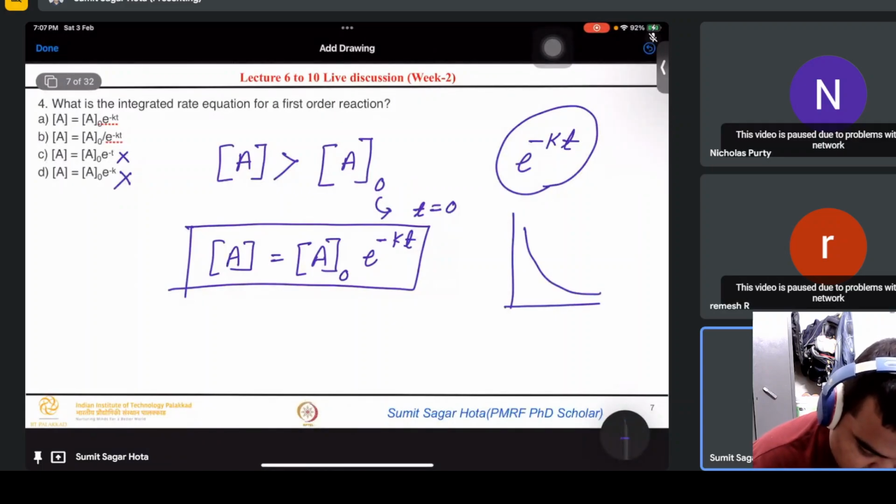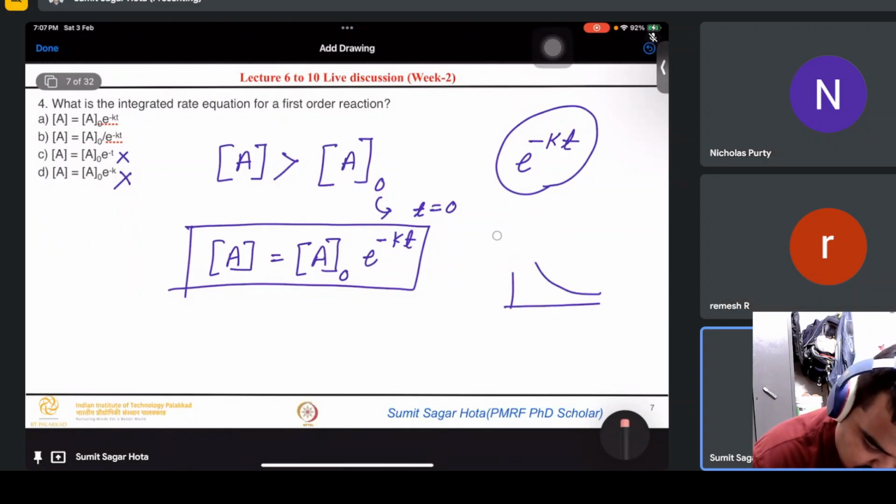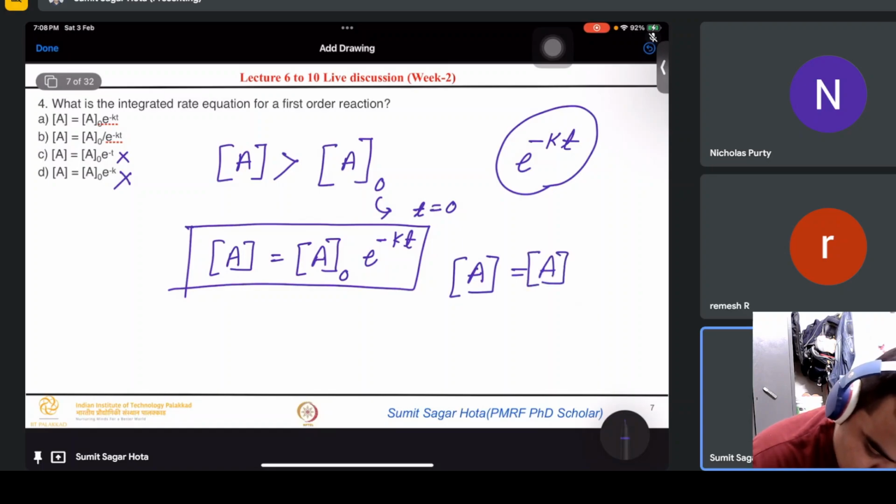If you combine e to the power kt and all these things, as time proceeds, t keeps increasing, and k has some constant value.